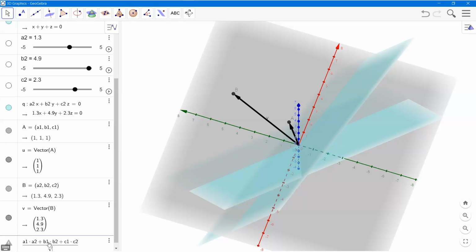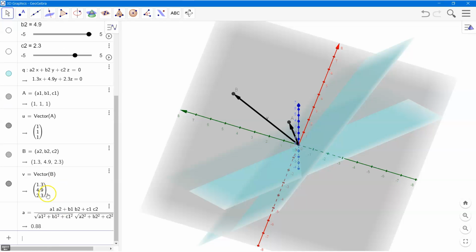So which will be square root of A1 square plus B1 square plus C1 square times square root of A2 square plus B2 square plus C2 square.